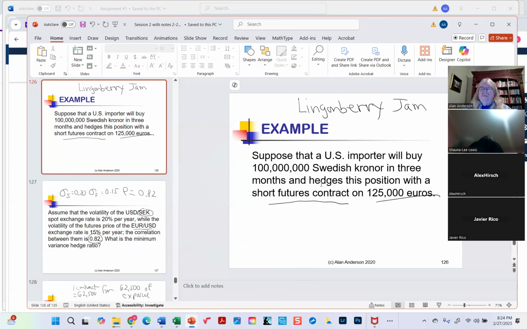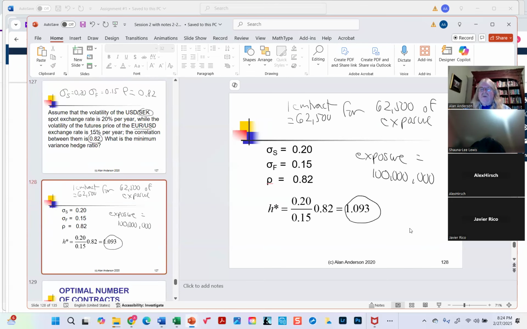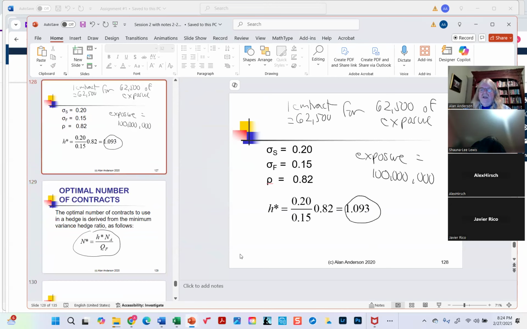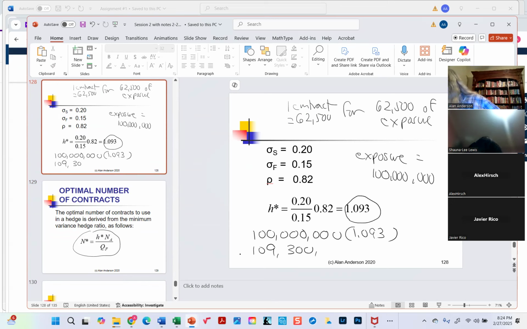Now, since our exposure is 100 million kroner, we multiply that by this ratio of 1.093, and we end up with a position of $109,300,000.